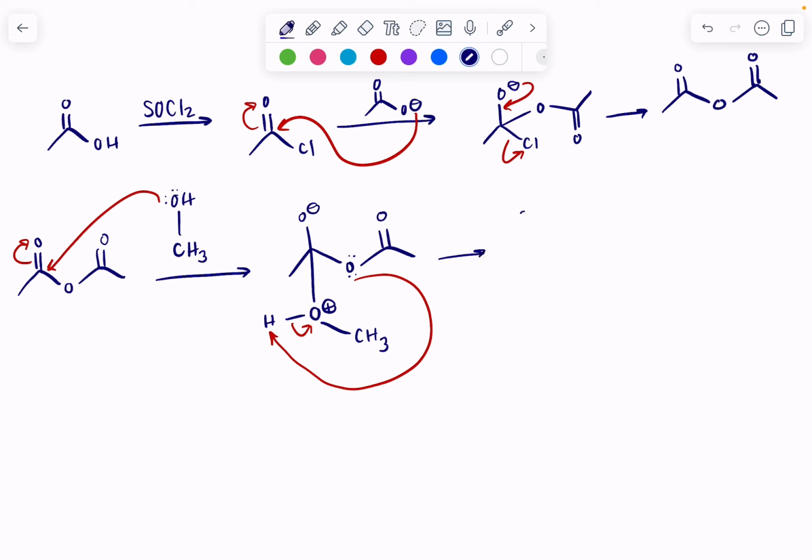Okay, now we've got O minus attached to an O that has that attached to it, and now this has a positive charge and a hydrogen on it, and we still have this OCH3 group. Okay, cool. Now we can bring our electrons back down and kick out that positively charged oxygen, giving us O double bonded.